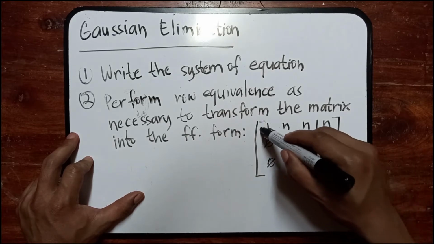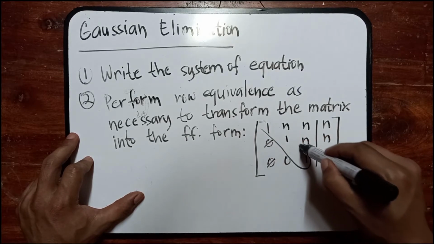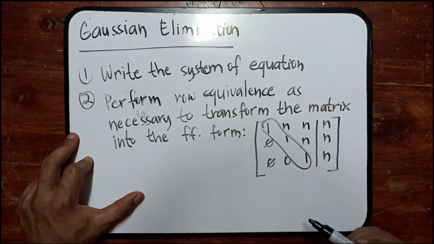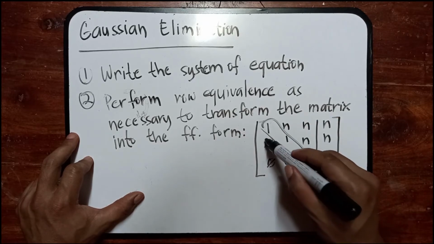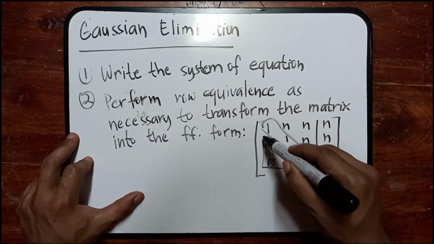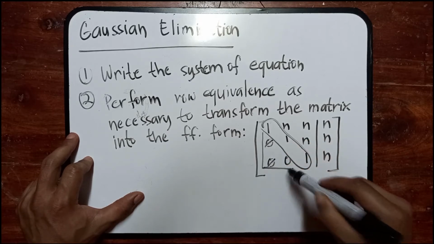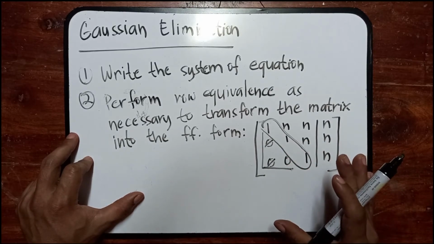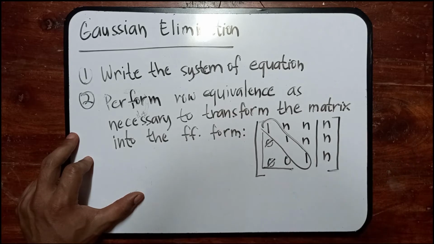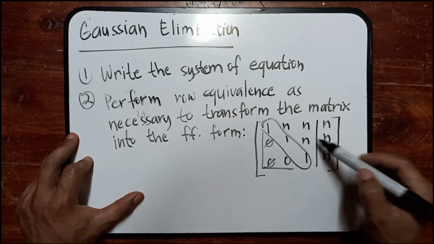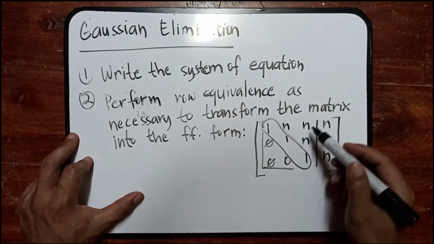Look at this. We have a set of 1s in diagonal order, and then we have the triangular form of zeros at the bottom. So this is the goal that we must achieve for Gaussian elimination. Here, n refers to any number, whether positive or negative.